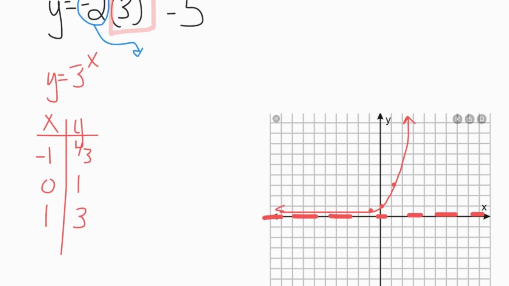We're going to deal with the vertical stretch times by 2, and it's going to be a vertical reflection. So what that's going to do is it's going to stretch my graph and flip it at the same time.